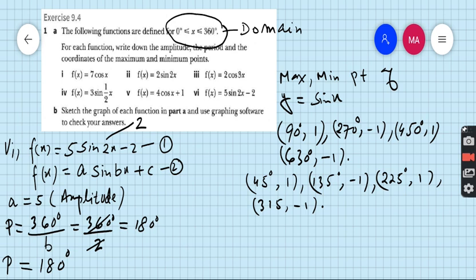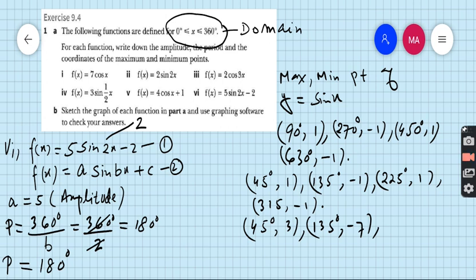So first, if we put 45 degree in the given equation, sine 90 is 1, 5 ones are 5, 5 minus 2 is 3. So first final point is 45 and 3. Now put minus 1 in the equation. 5 into minus 1 is minus 5, minus 5 minus 2 is minus 7. Second point is 135 degree, minus 7. Then put 225.